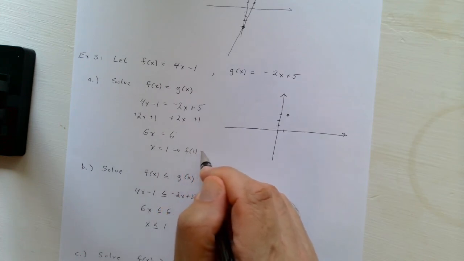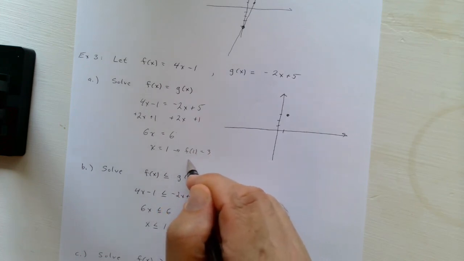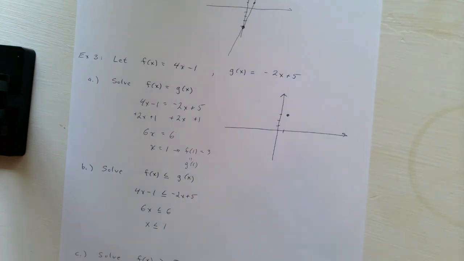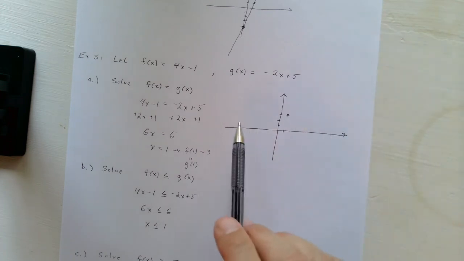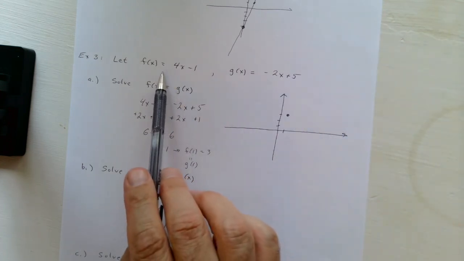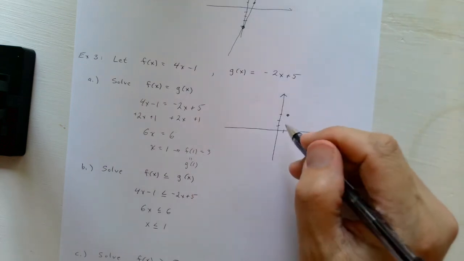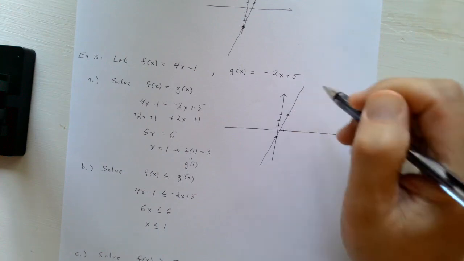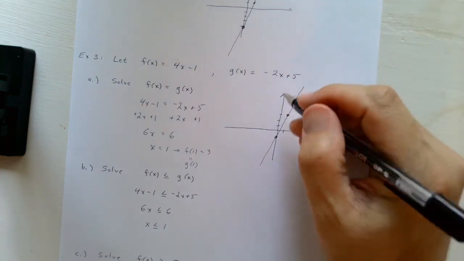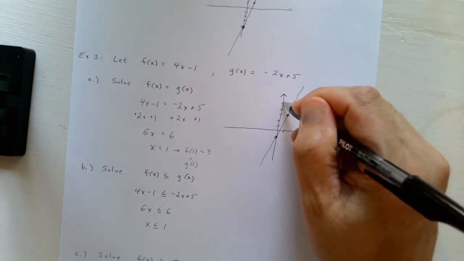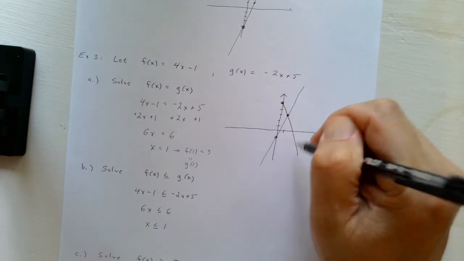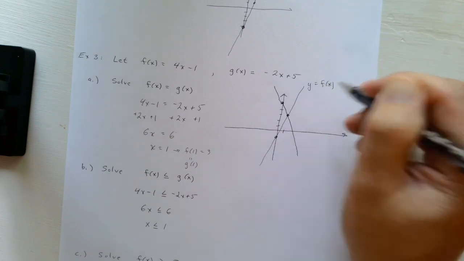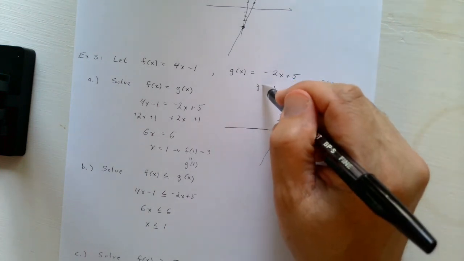Just say f of 1 is equal to 3, and that's also equal to g of 1. And we can plot these other lines. We know for the graph of f, the y-intercept is -1. So there's this line. For g, the y-intercept is at 5. So this is y equals f of x. This is y equals g of x.